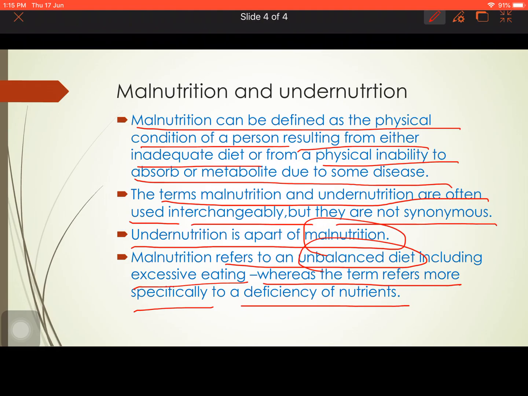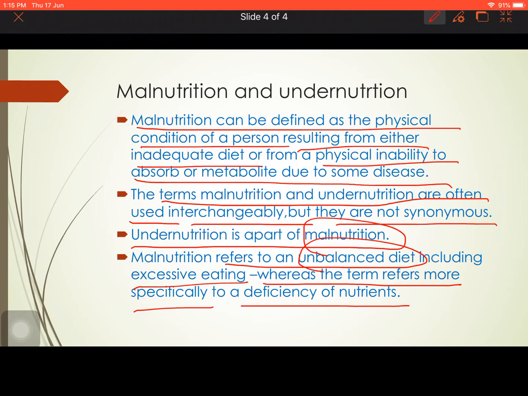Now, referring to undernutrition, we have said that it is a part of malnutrition, where a person is not getting an adequate amount of food. There is no question of eating more food. Undernutrition means we are not getting that amount of food. Poor children, the children under the poverty limit, or people staying below the poverty limit, are all undernourished, not malnourished.